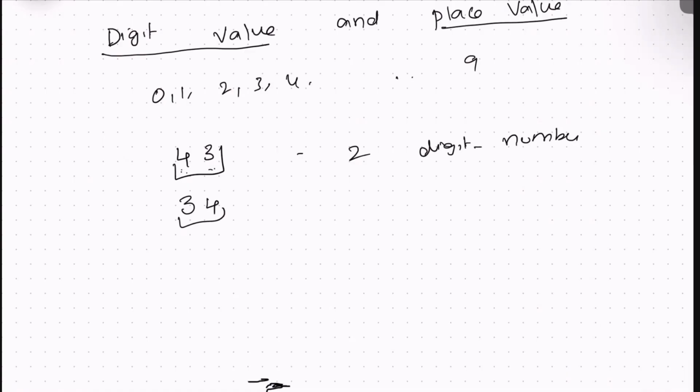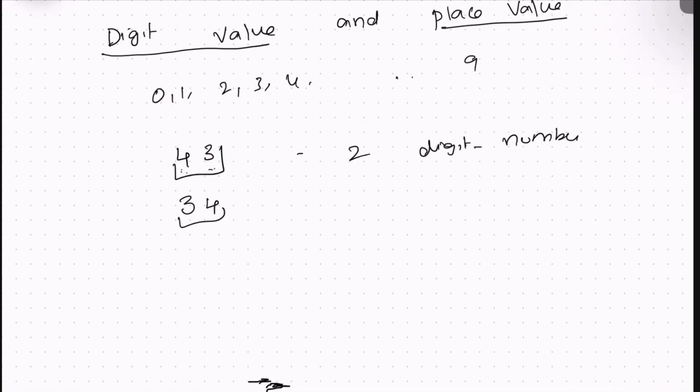Though we use the same digits, the place in which a digit sits makes the difference in the number. The digit value is the value of the digit, and it never changes. Wherever the digit is, its value will be the same, like 0, 1, 2, 3, 4.